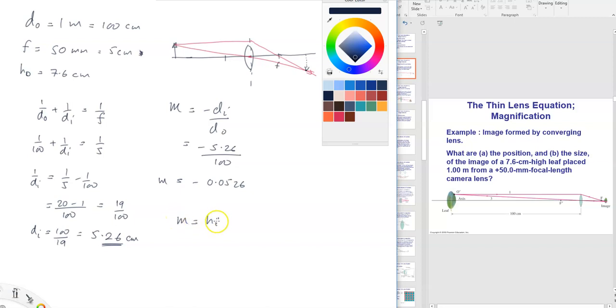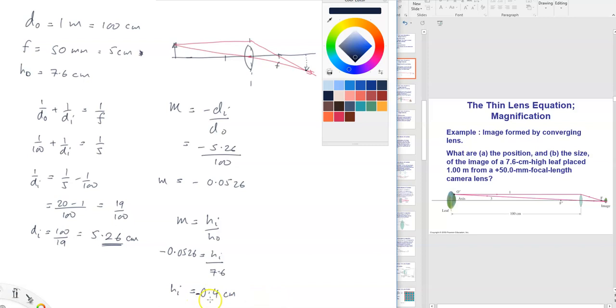Magnification also equals HI over HO. So negative 0.0526 is HI over 7.6. HI equals, let's see what we get, 0.399, about 0.4 centimeters.